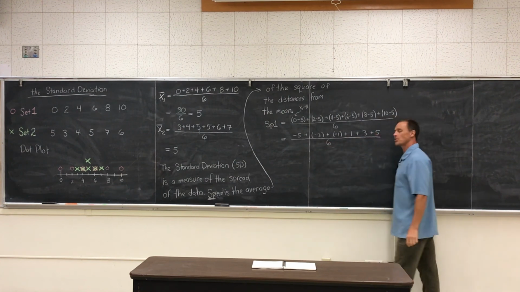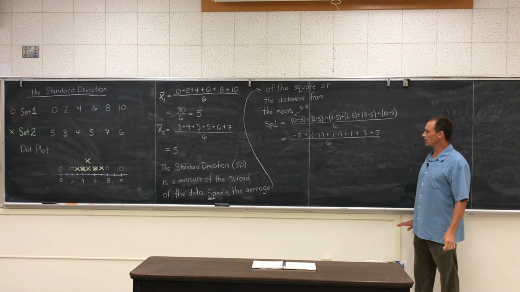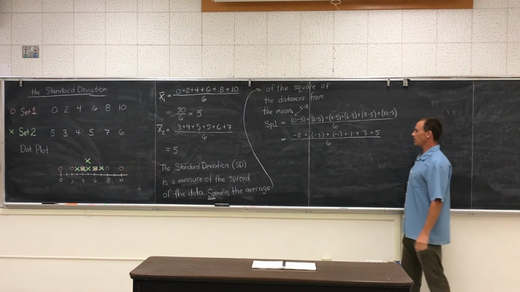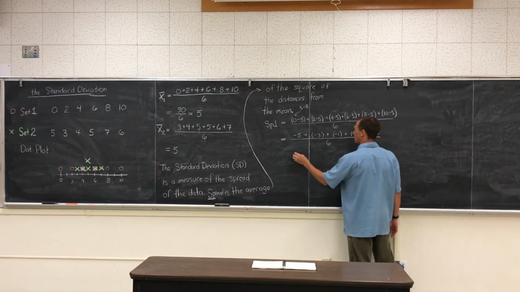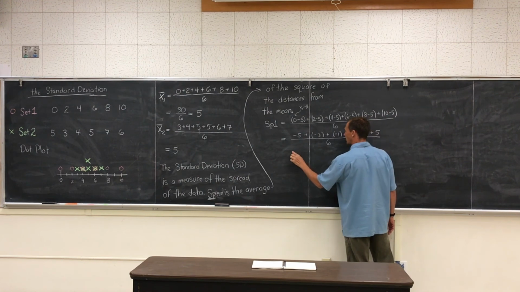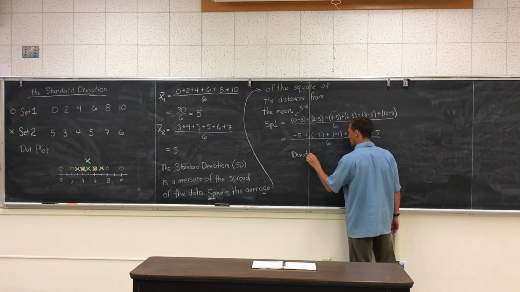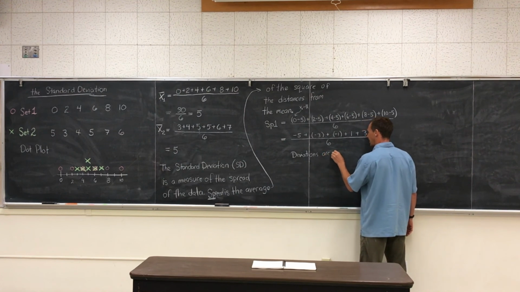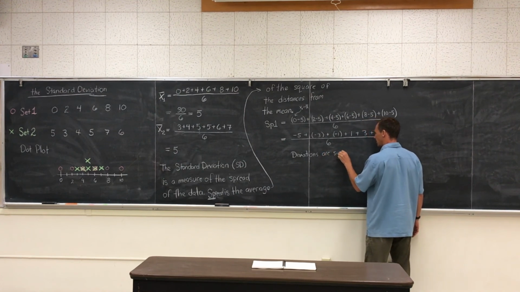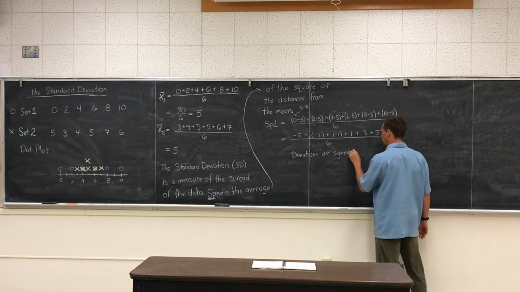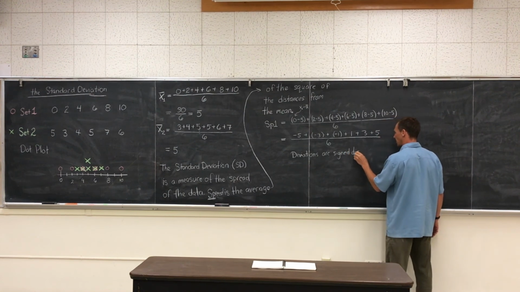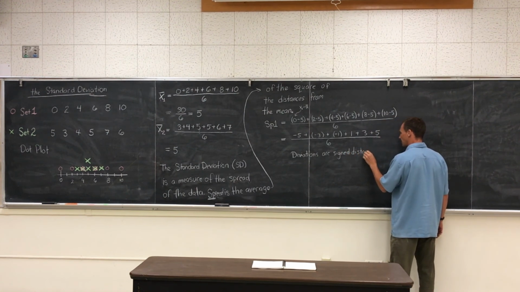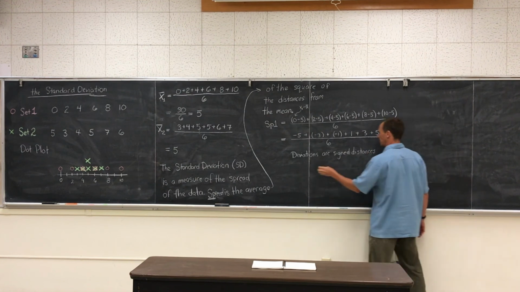Now, before you rush to the answer, we need to look at what we just found. These are called deviations. Deviations are signed distances from the mean.